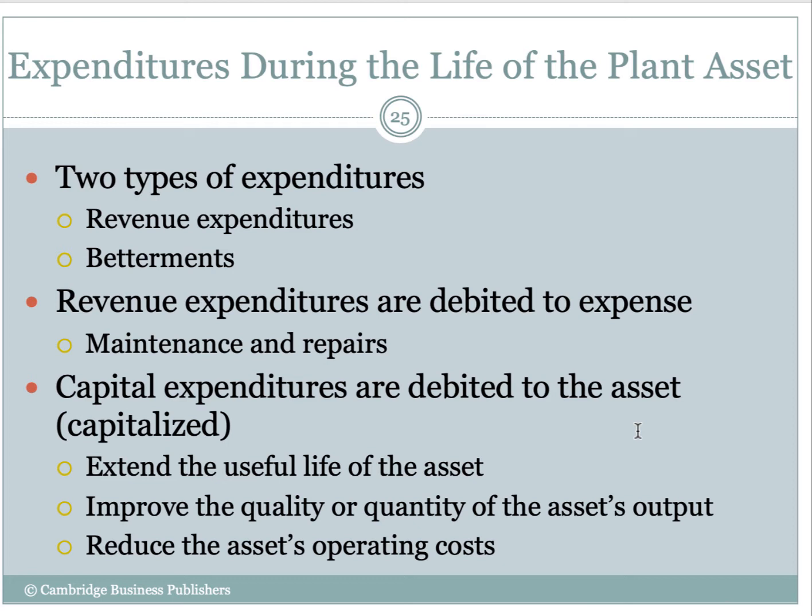We looked at revenue expenditures and betterment expenditures. We know the main question is, does this expenditure increase the useful life of the asset? Does it make this asset more efficient? Meaning, can we increase our output by this expenditure? If the answer is yes, it is a betterment. We have to debit an asset account.